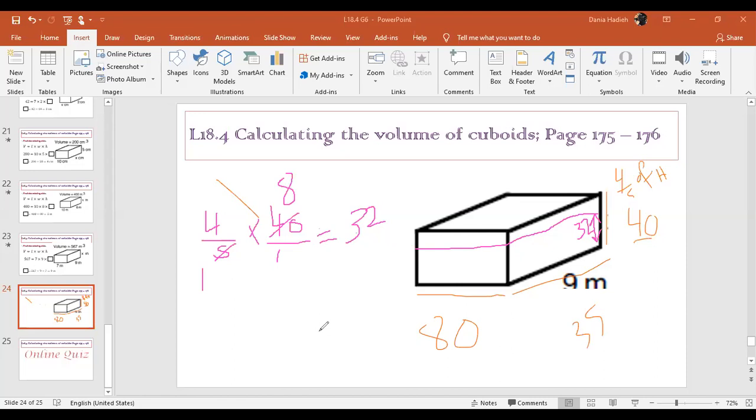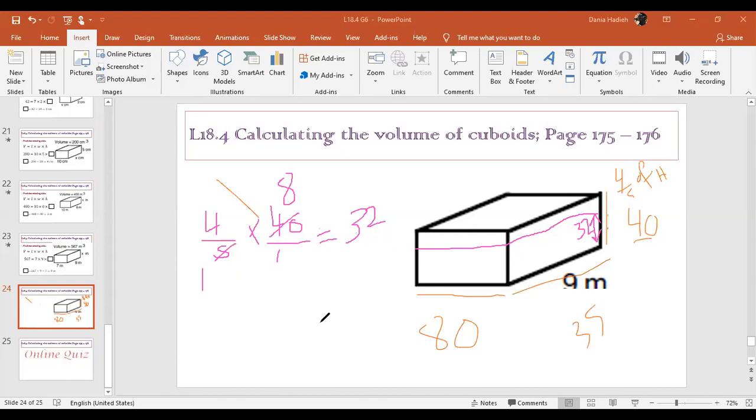Laith, when I say centimeter cubed, it's a way to measure what? I didn't unmute you. Laith? The centimeter cubed is to measure what? The area or the perimeter or the volume? The volume. The volume, which means I should figure out the volume.